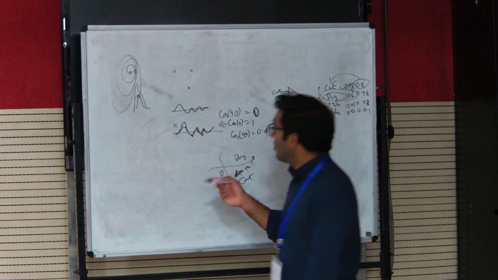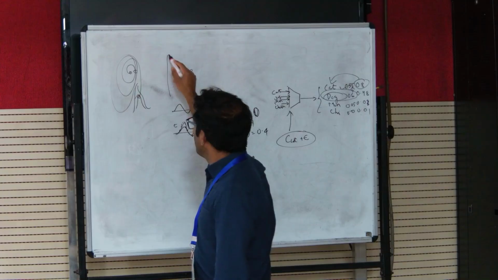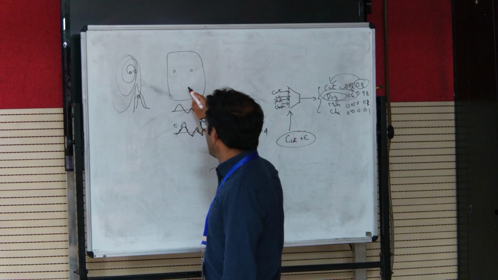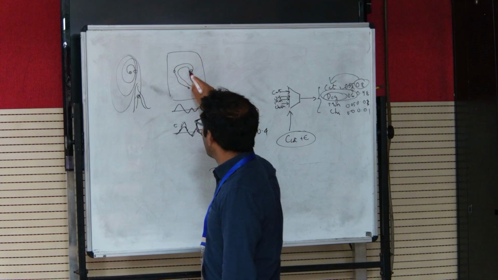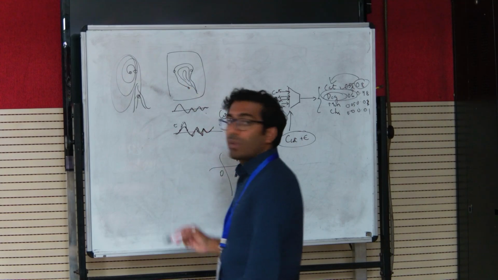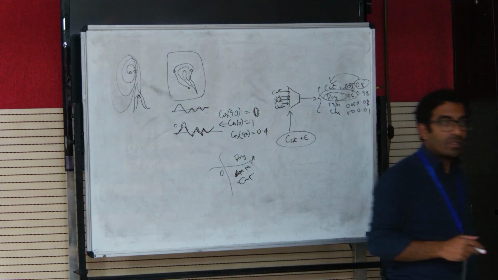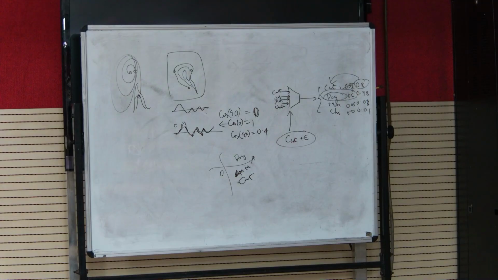So if these are some points, can I not use these points to recreate some new fingerprint? Something like this. So all I need is some kind of random points. From random points, I can create the data set. I can create a new image.